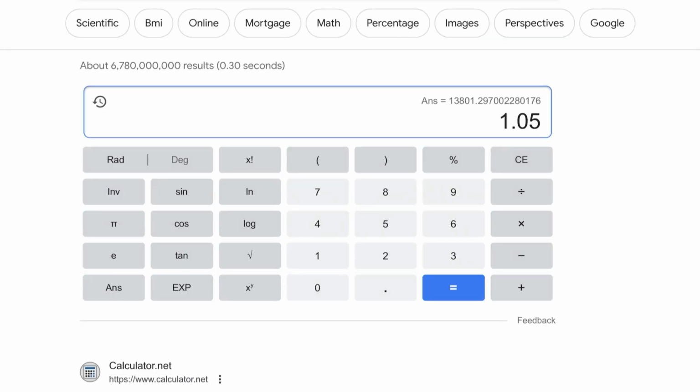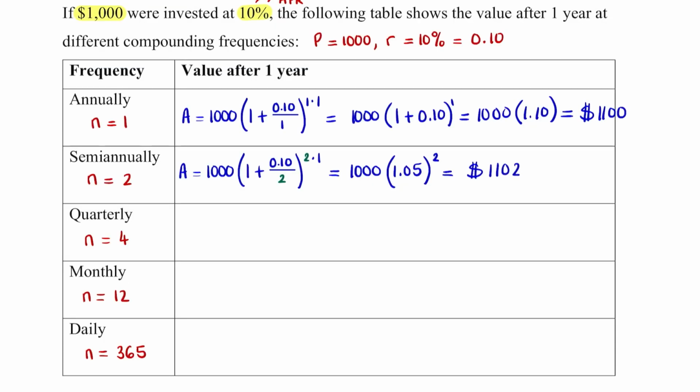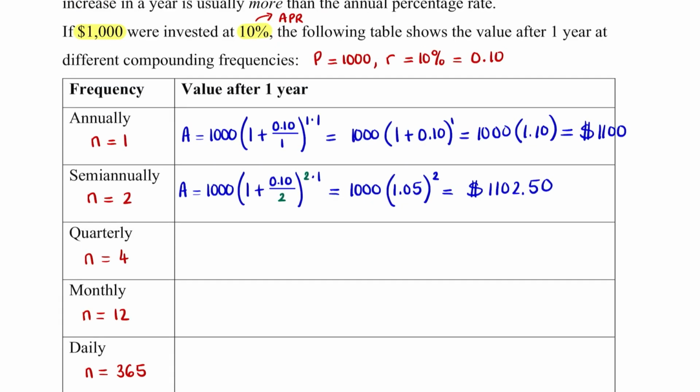So I'm going to take 1.05 squared and then multiply by 1,000. I get $1,102.50. If I invest $1,000 in the account that pays 10% APR, and compounding twice a year, after 1 year, I have $1,102.50.